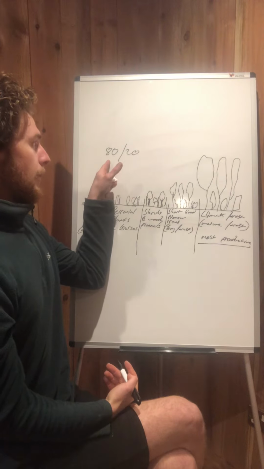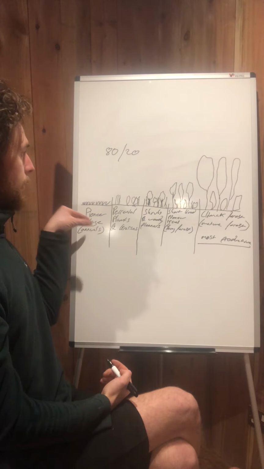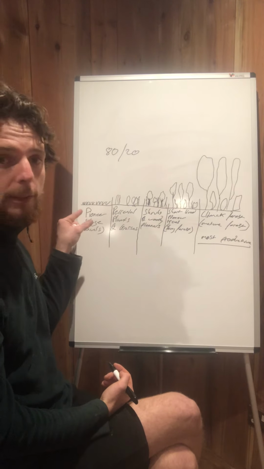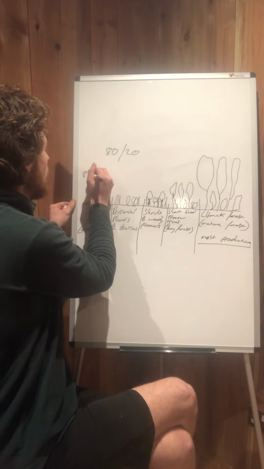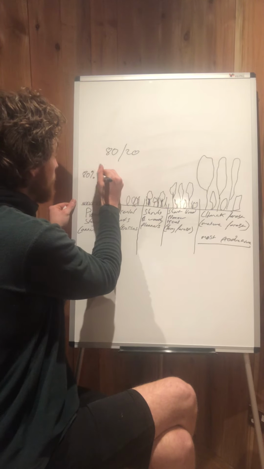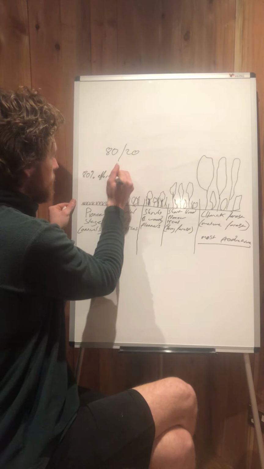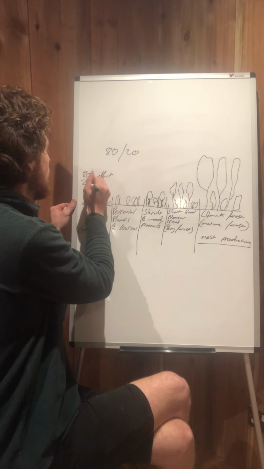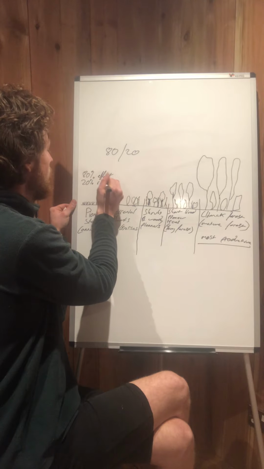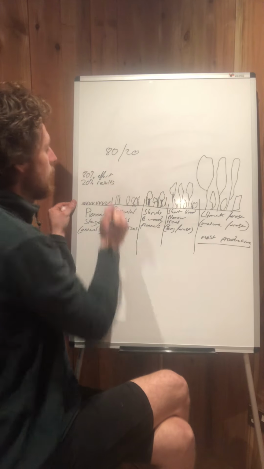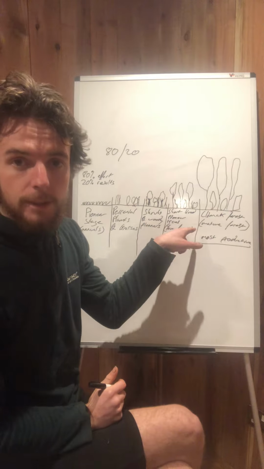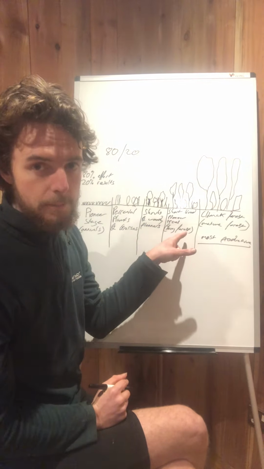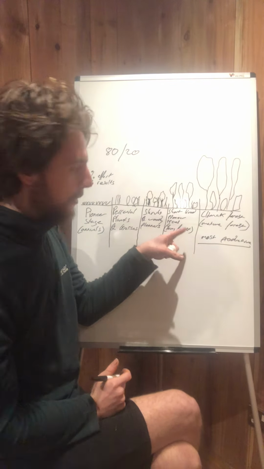So at this stage, at the pioneering stage, we're looking at putting 80% effort for 20% of the results. At the climax forest stage, we'll be looking at 20% effort for 80% of the results.